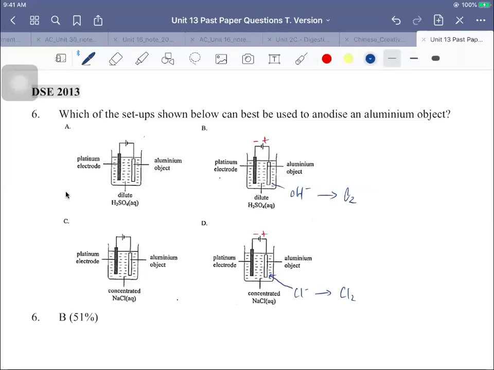So if we use concentrated sodium chloride, it's not oxygen that is produced to react with aluminium. It's going to be chlorine that is produced here, so not the purpose of anodization. So the correct answer should be B.